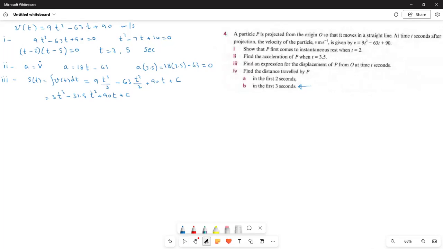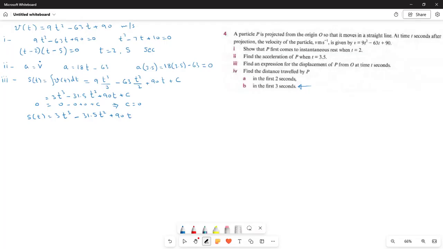So 0 minus 0 plus 0 plus c, which means c is 0 as well. So my final expression for the displacement is 3t cubed minus 31.5t squared plus 90t. That's it, there's no c. Okay, so this is the third part.